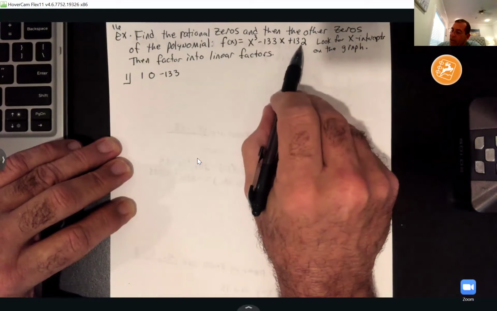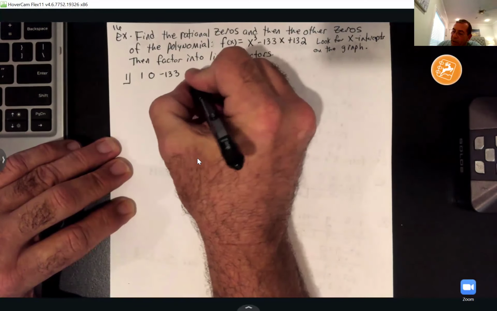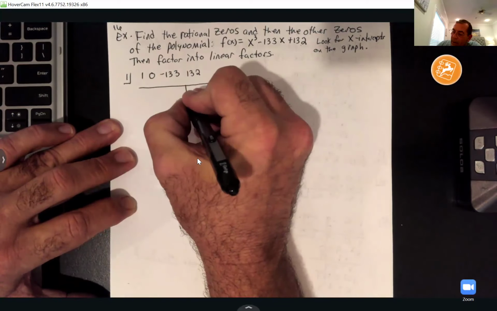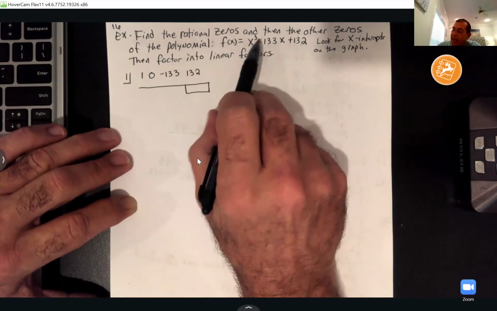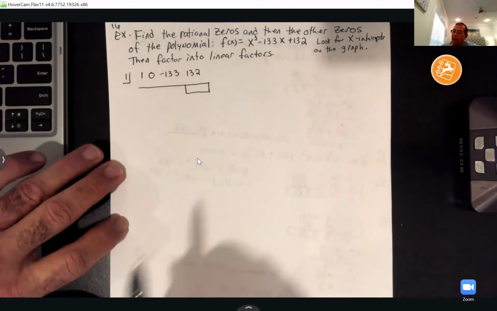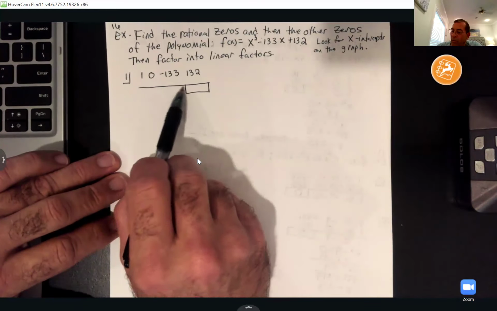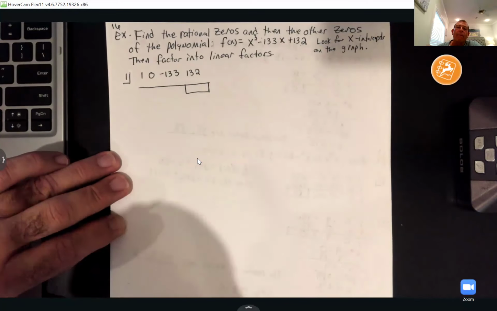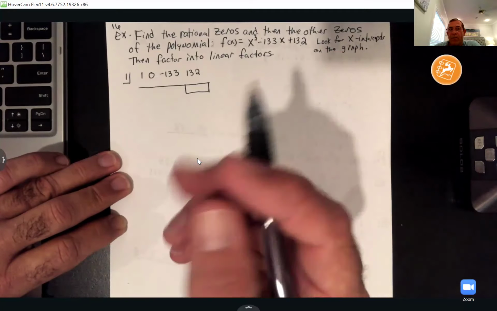And then my constant number is 132. Y'all remember, that's an x to the 3, so if you add 1, that's 4 numbers. So what we'll do, these 3 numbers that we got left under here, we can do our quadratic stuff too.